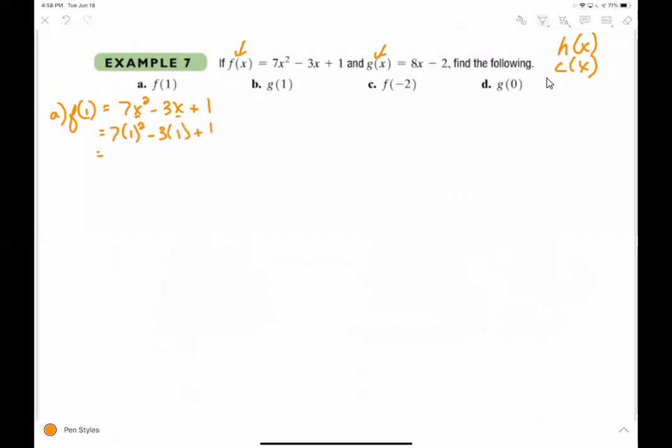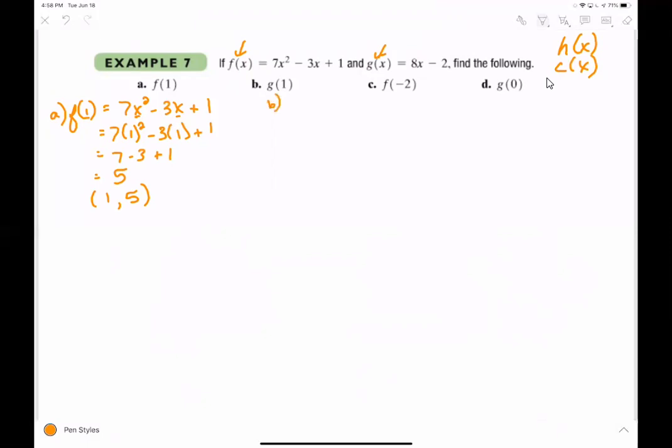We're going to simplify. This is just going to be 7 minus 3 plus 1. Then, of course, 7 minus 3 is 4. 4 plus 1 is 5. So our output is 5. So you think of this like an ordered pair. The input was 1. The output was 5. So we just basically found a point on the graph.